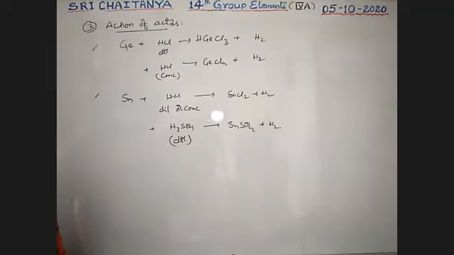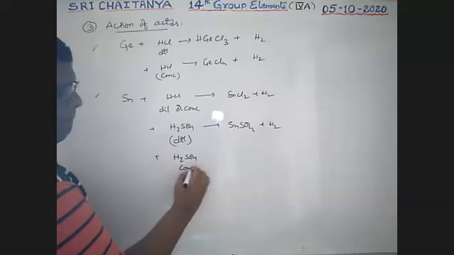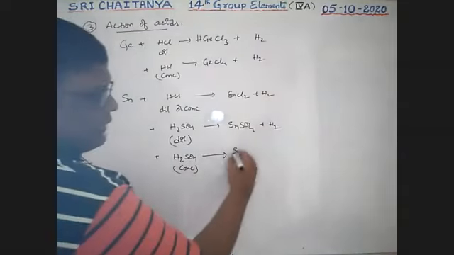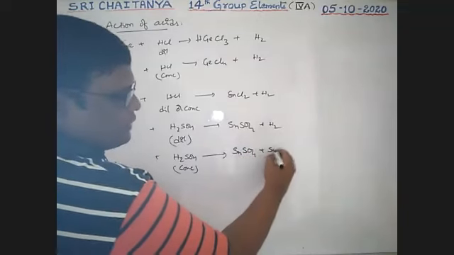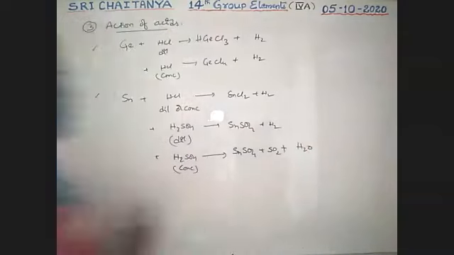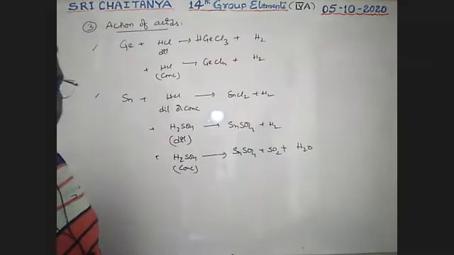When it reacts with concentrated H2SO4, that gives SnSO4 plus SO2 plus H2O as the products. So this is the reaction of tin with HCl, dilute H2SO4, and concentrated H2SO4.